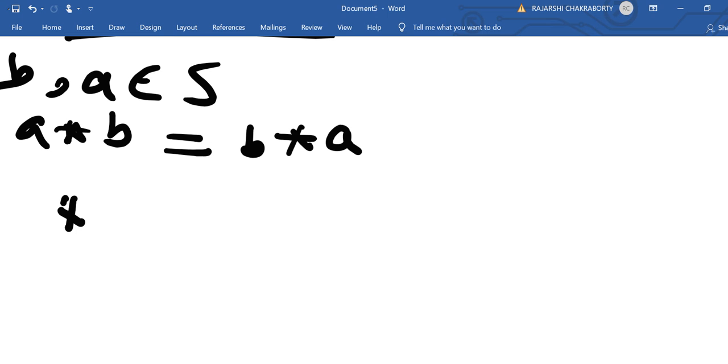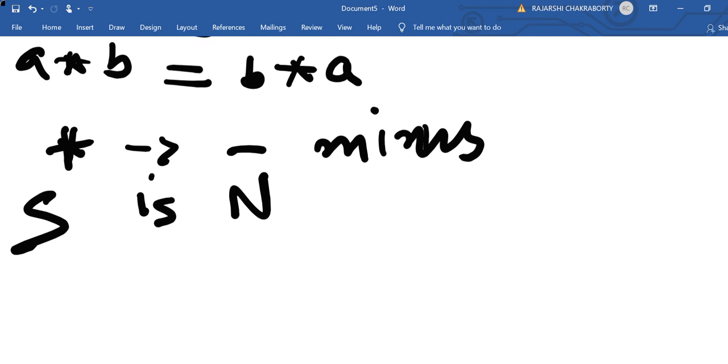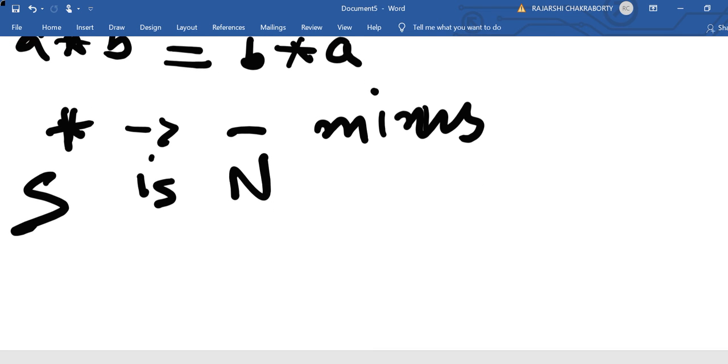Suppose star is minus, and S is the set of natural numbers. So you take two numbers. We can always verify whether minus is a commutative binary operation.